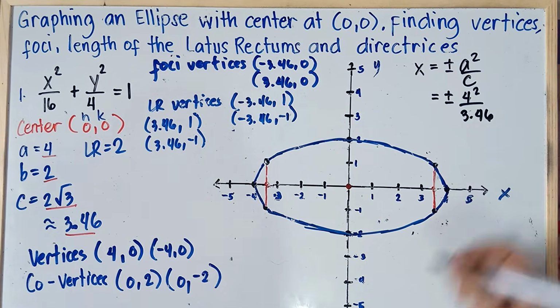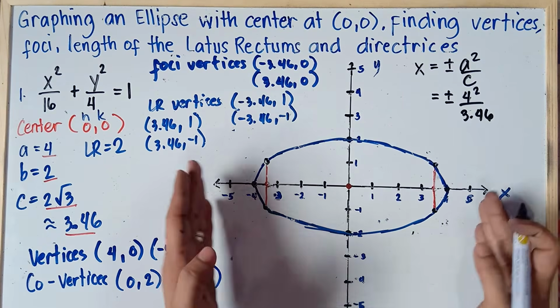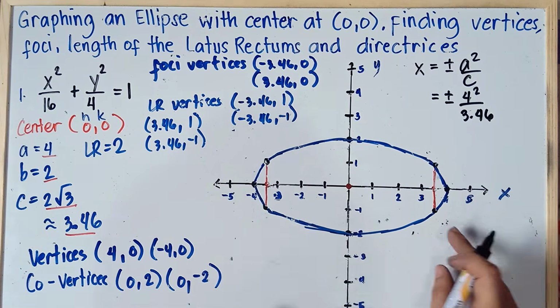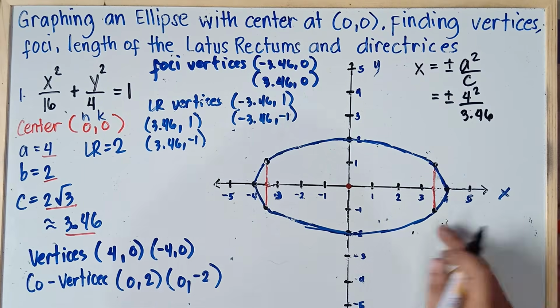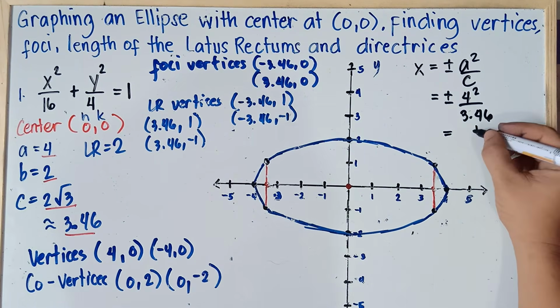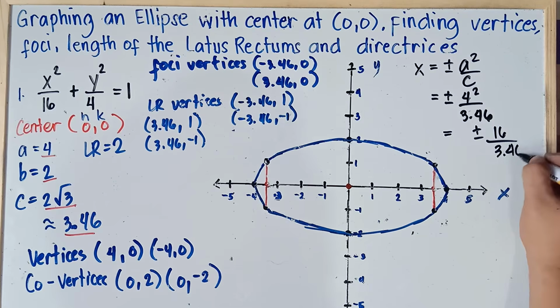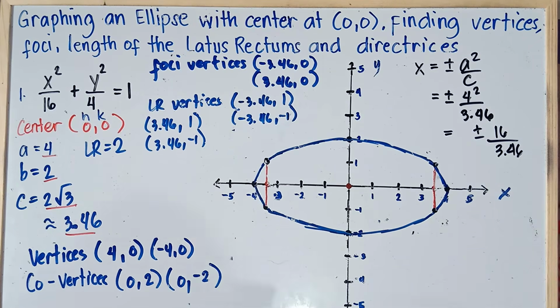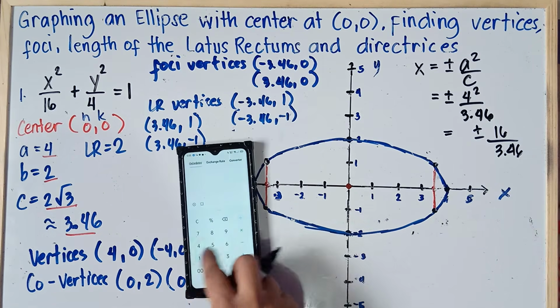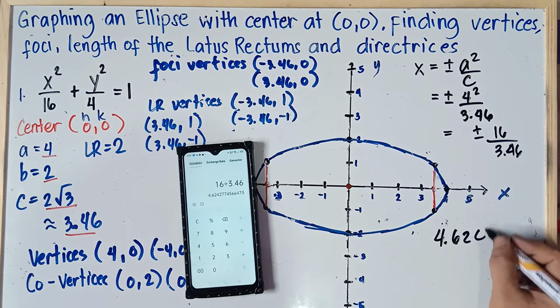Once again, class, the directrix, class, is actually parallel to the latus rectum. So the directrix is here, parallel to the latus rectum. Alright, so this will be 4 squared, so positive, negative, 4 squared, that is 16. 4 times 4, that's 16, divided by 3.46. So use your calculator. 16 divided by 3.46, that is 4.624.